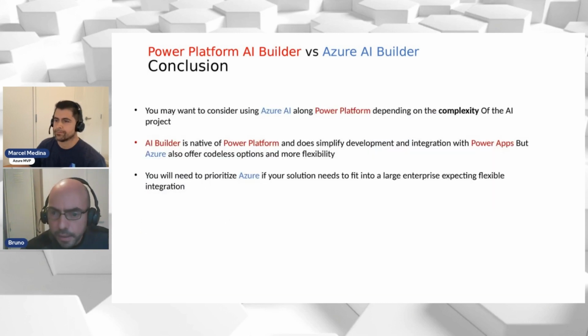To wrap up, you may want to consider using Azure along with Power Platform depending on the complexity. AI Builder is native to Power Platform and does simplify the integration if your project is 100% Power Platform. You need to prioritize Azure if the solution needs to fit into your large enterprise, integrating with many other services.